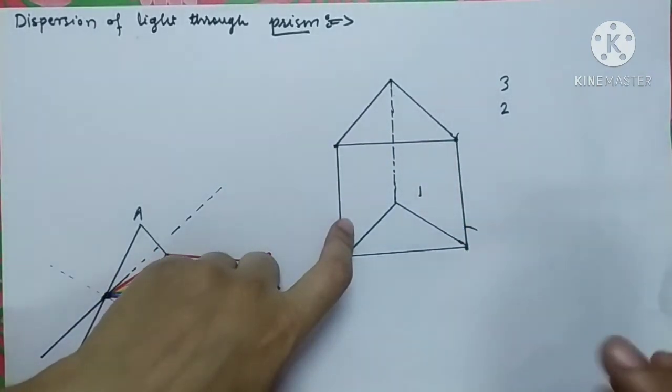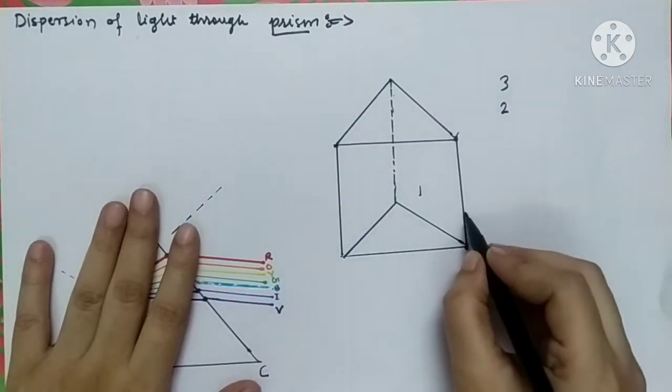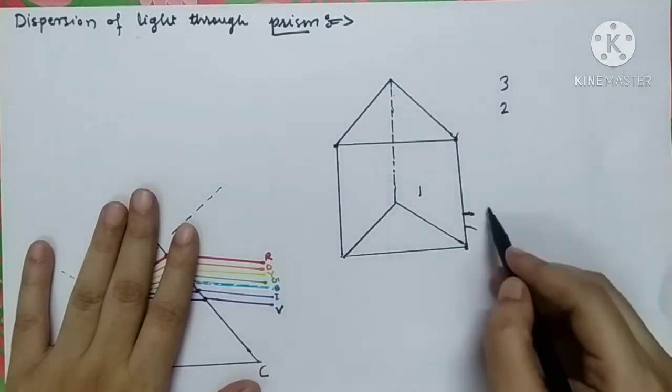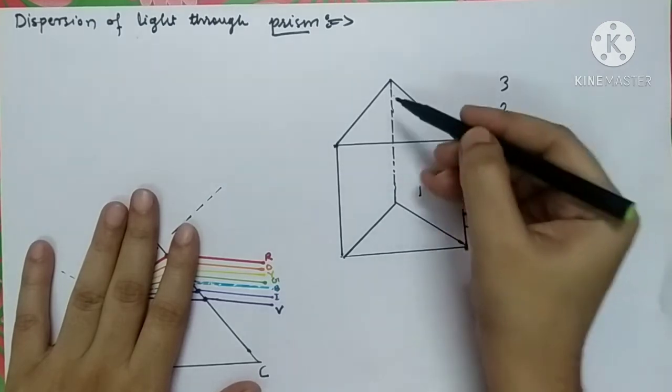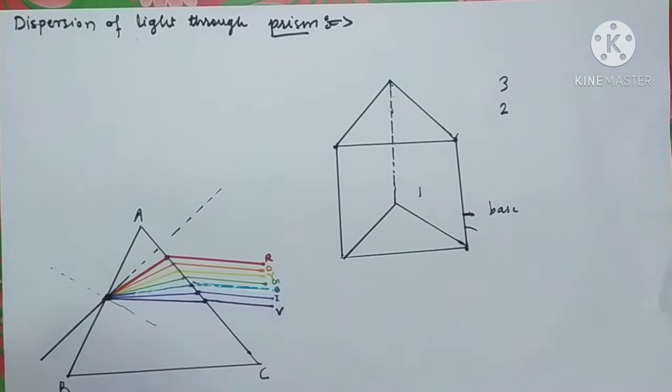Now let us see various parts of a prism. The lower surface on which the entire prism is placed is called the base of a prism. Similarly, you can see this edge through which the two rectangular surfaces are joined.